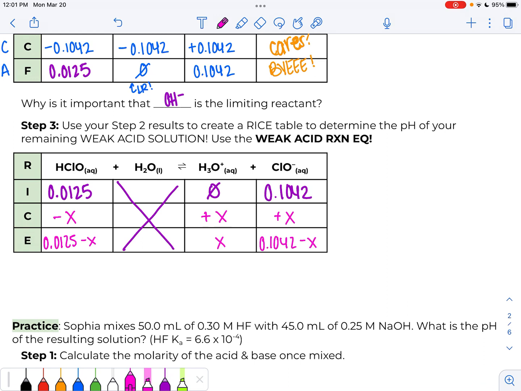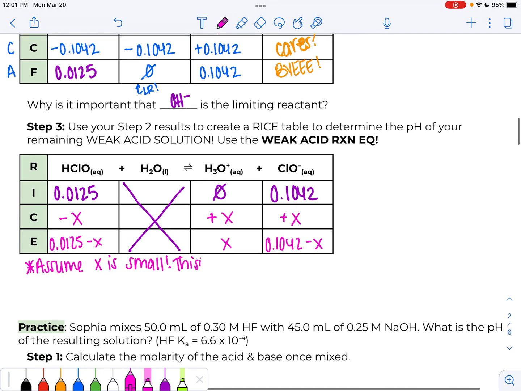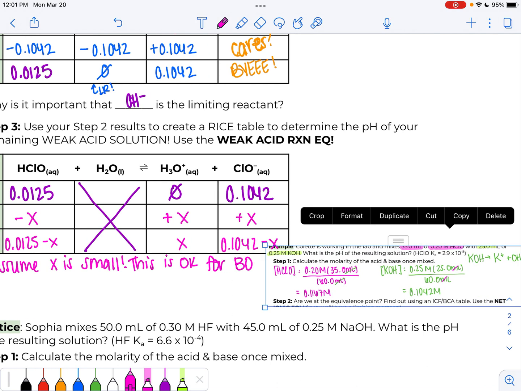And I know that I'm going to have to do that Ka calculation to solve for what that X value is. But what we can do is assume X is small. And we can do this. This is okay for both.